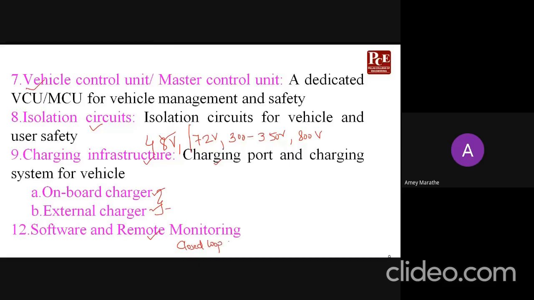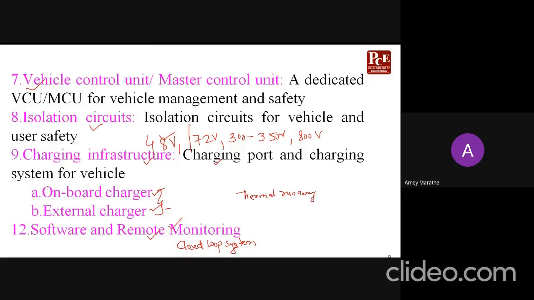Okay, closed loop system. When I say closed loop, we will always require monitoring. All the data given by the sensors, we will always have to monitor, and we will have to take the necessary action. A simple example: thermal runaway, one term which is used in EV very often.